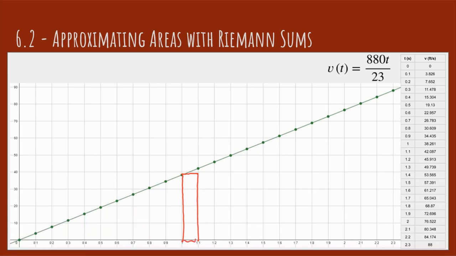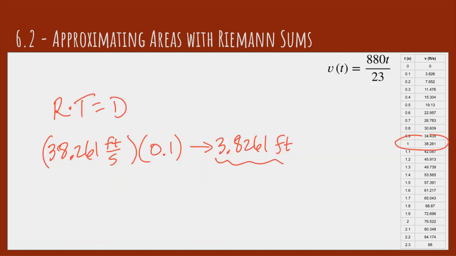And essentially what we did is we found the area of this rectangle because the width of the rectangle is a tenth of a second, and the height of the rectangle is the value of the velocity function at this time, which is that 38.261. If we find the area of that rectangle, we multiply height times width, and we do the exact same calculation that we just did here. So this is the height of the rectangle, this is the width of the rectangle.